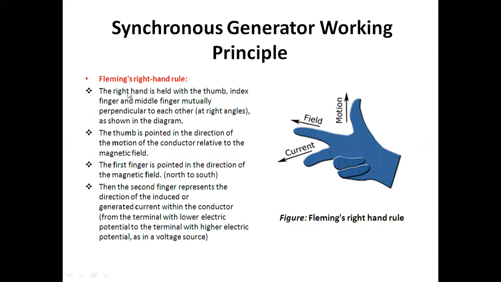The Fleming right-hand rule says that the right hand is held with the thumb, index finger and middle finger mutually perpendicular to each other at right angles, as shown in this diagram.